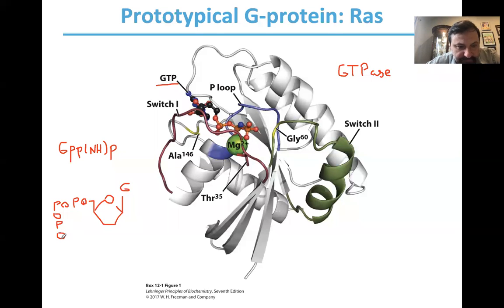So it's a triphosphate, right? Normally, when the GTPase has this bound to it, it will hydrolyze the terminal phosphate to GDP, right? Now, I don't have much room here, but I'll try to squeeze this in.